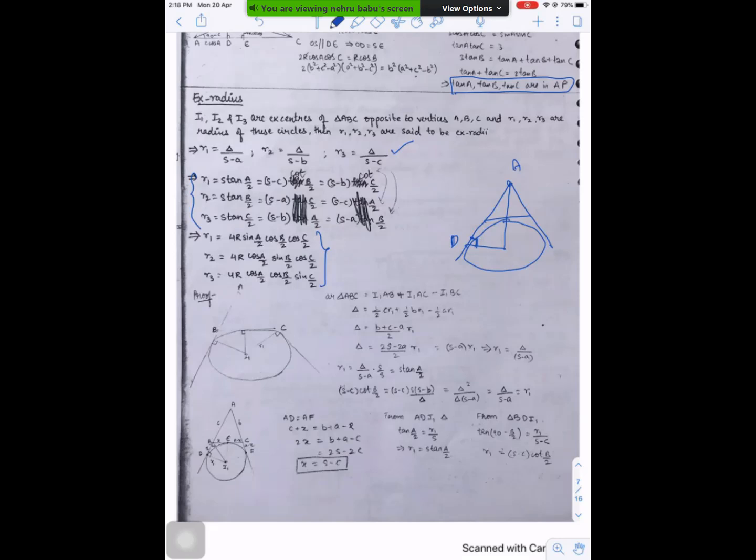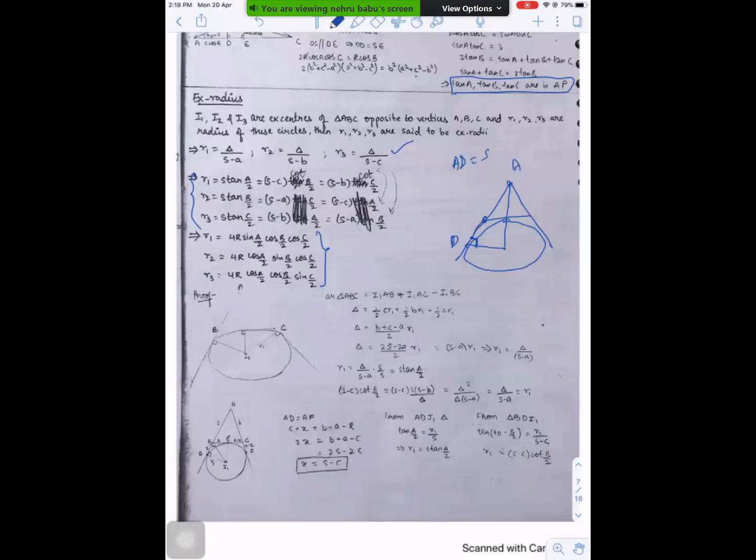This AD length you will always get as s.